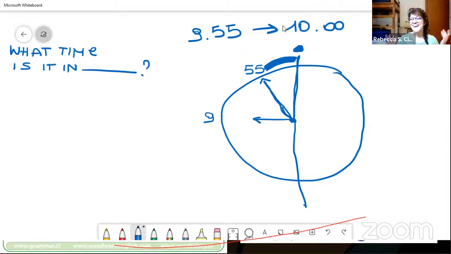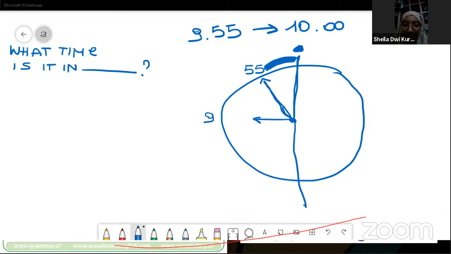So there's a little bit of maths in telling the time in English, I guess. So it's 5 to. Miss Laras, 5 to. I think Laras has a problem with the weather. Oh, writing. Yes, I'm reading now. Okay, so maybe I'll just type it in the chat as well.